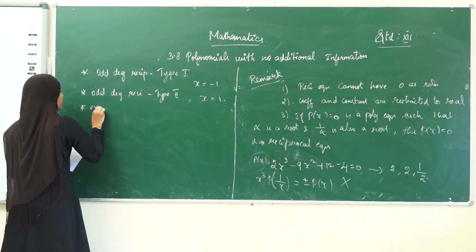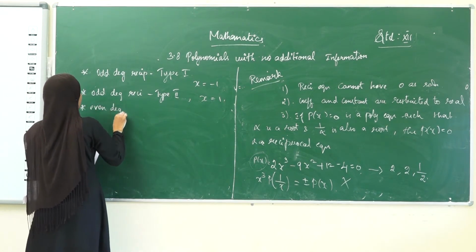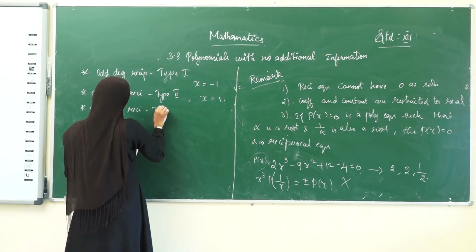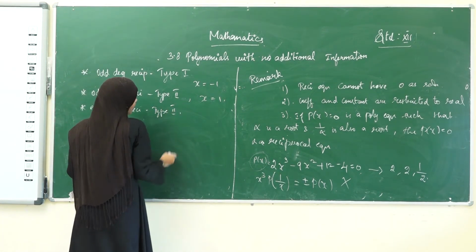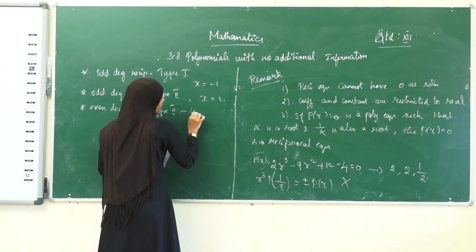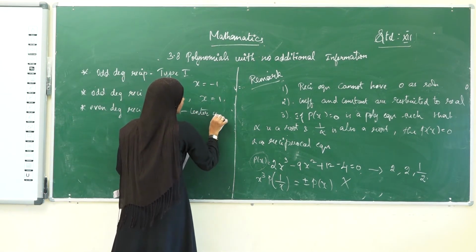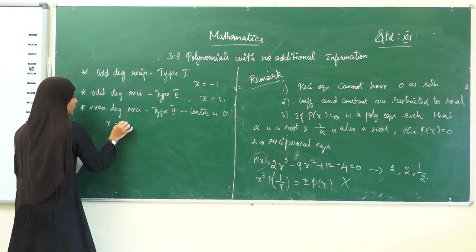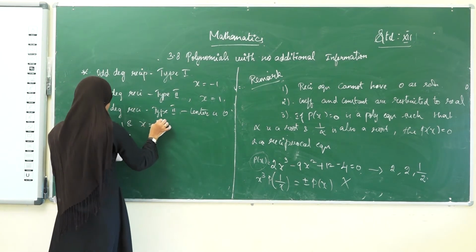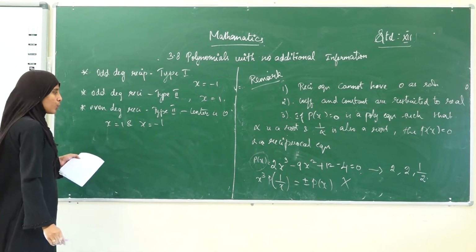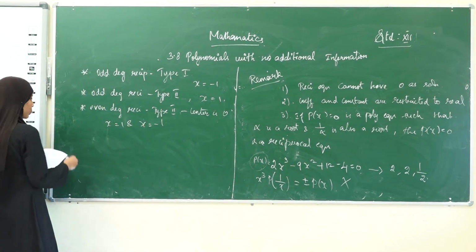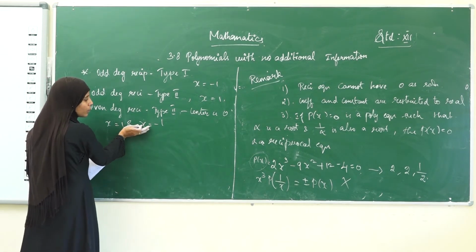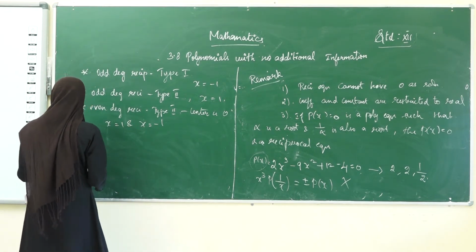When it is an even degree reciprocal equation of type 2, with the condition that the center term is 0, then x equal to 1 and x equal to minus 1 will be two of its roots, and with this help we can find the other roots.